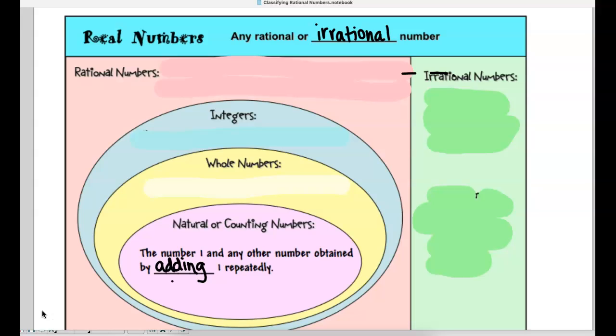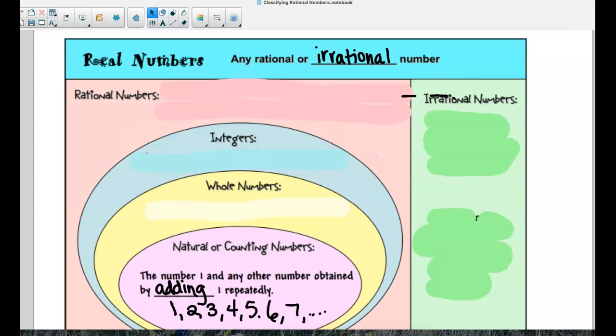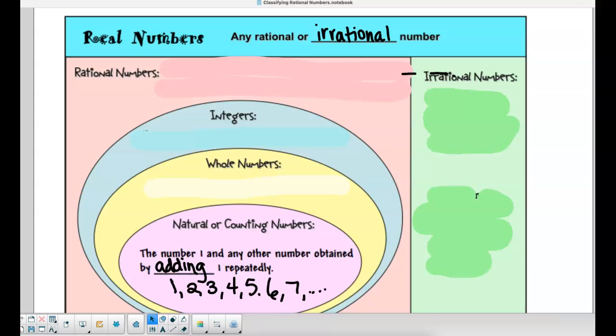So put these examples in there. 1, 2, 3, 4, 5, 6, 7, and so on. It keeps going. Does it stop at 10 because we've run out of fingers? No, absolutely not. We go further than 10.